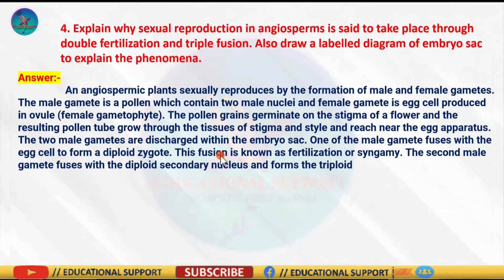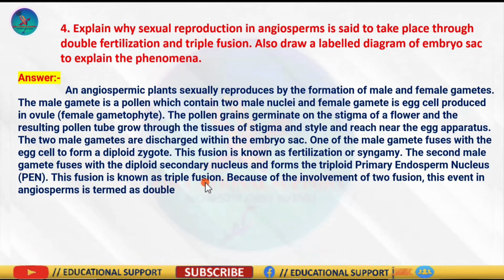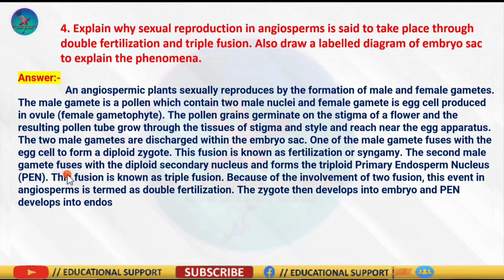One of the male gametes fuses with the egg cell to form a diploid zygote. The second male gamete fuses with the diploid secondary nucleus and forms the triploid primary endosperm nucleus, PEN. This fusion is known as triple fusion because of the involvement of three nuclei, and this event in angiosperms is termed double fertilization.